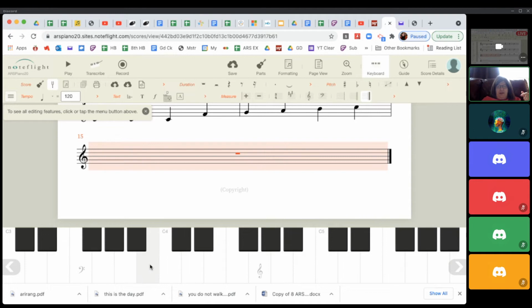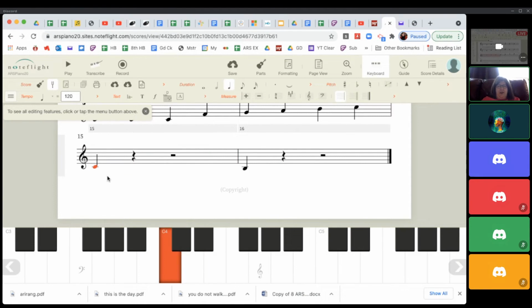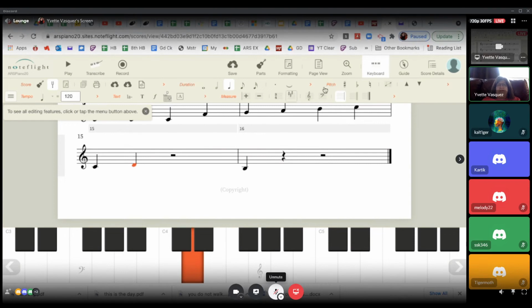I have to look at the difference between this note and this note, because the Locrian scale starts on B. This note to this note is a half step. So when I'm making it in the key of C, I have to put a D there, but it has to be a half step, so I have to flat it. Does that make sense? Absolutely.